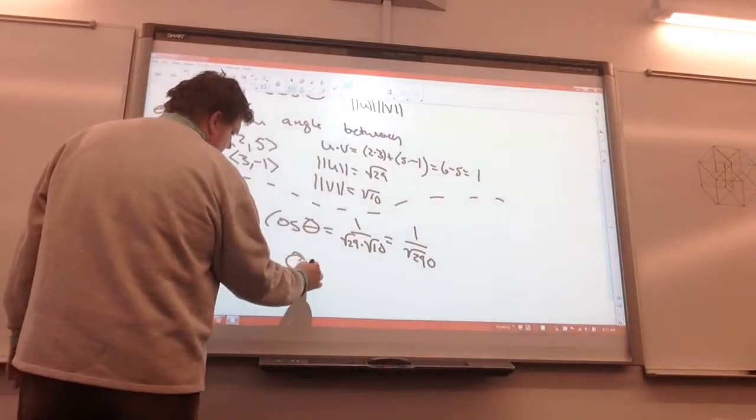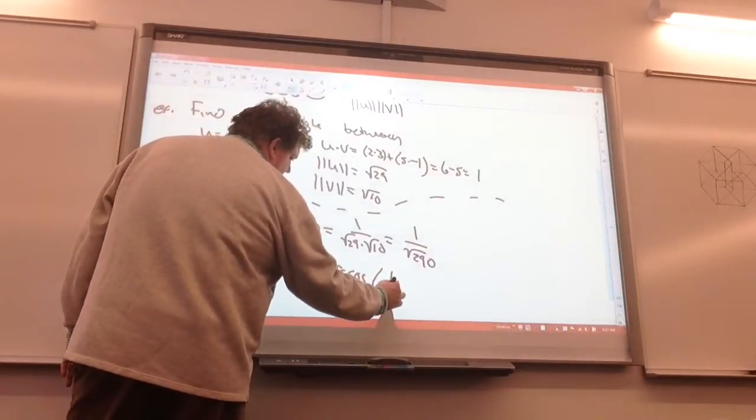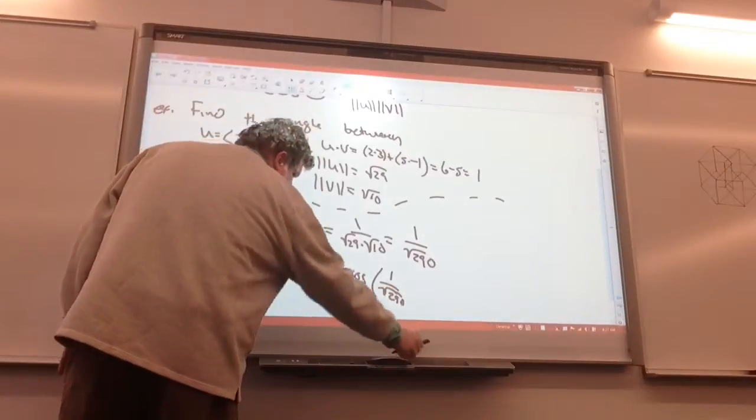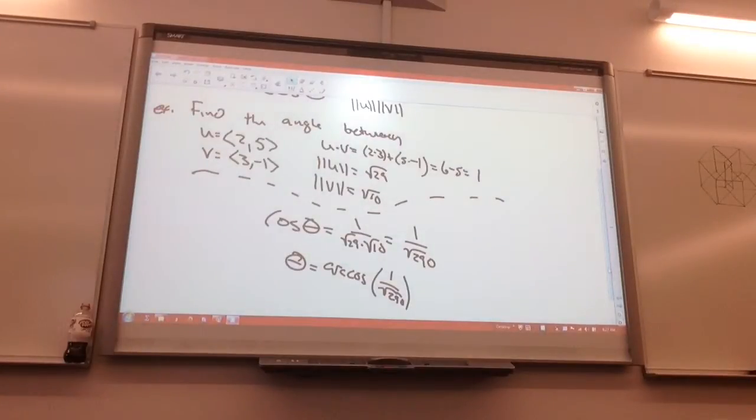So theta is equal to the arc cosine of 1 over root 290. At this point, you will need a calculator, because I don't know what the square root of 290 is off the top of my head. I do know it's not a nice number. Make sure I'm in degrees. I am. Arc cosine of 1 divided by root 290, and I get an 86 degree angle.